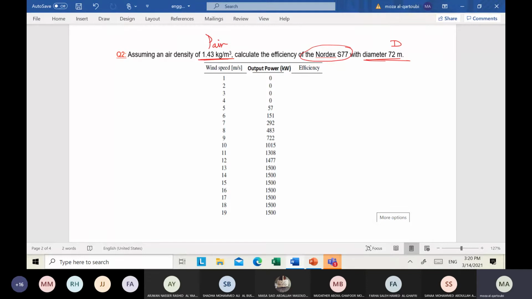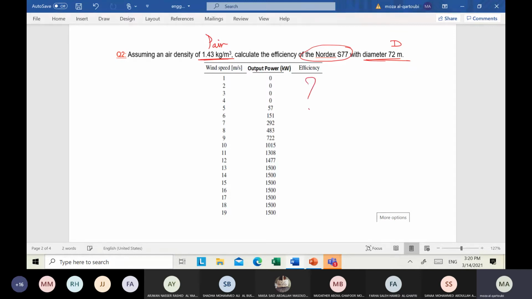Okay, so we need the value of air density equal to 1.43 kilogram per meter cubed. We should also know the diameter, given equal to 72 meter. Also given in a table is the wind speed in meter per second, and the output power in kilowatt, and we are asked to calculate efficiency. So we need efficiency in the table.